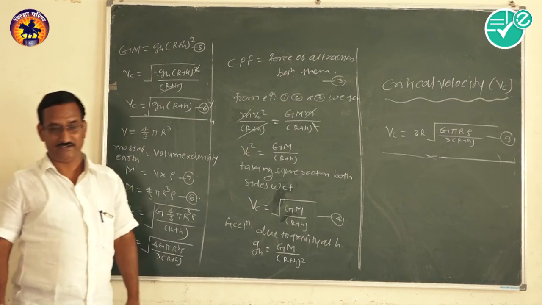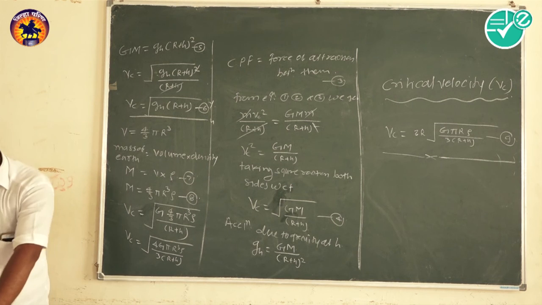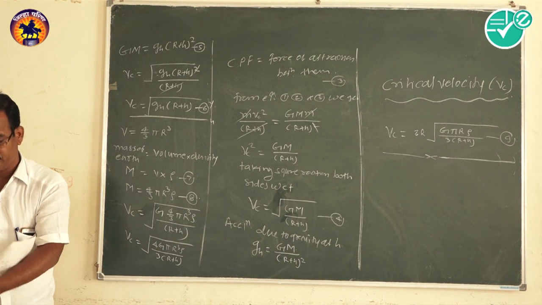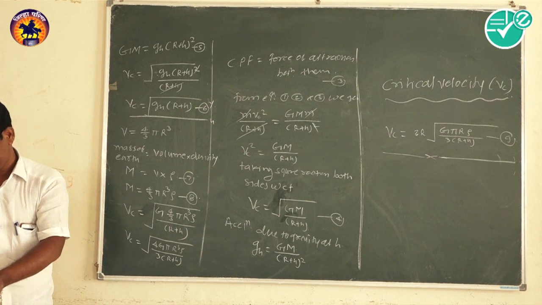In these various ways we can get the critical velocity of the satellites.